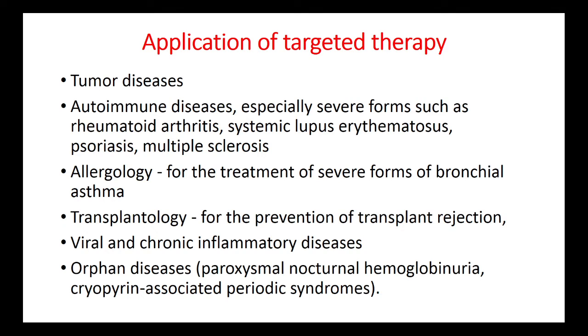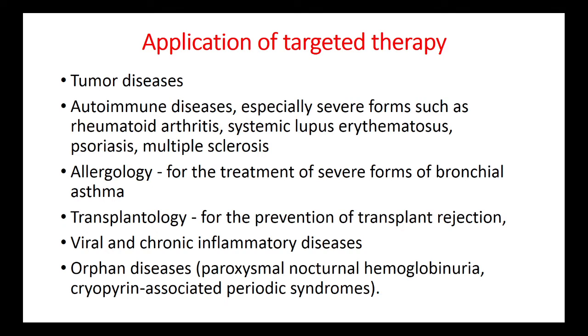It is not only about tumor disease. It is more common. We only take tumor disease as an example, but targeted therapy, signal pathways and transcription factors also work in many diseases.